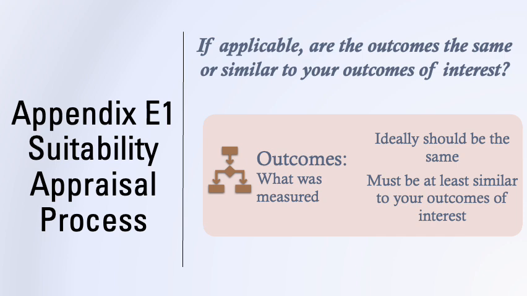If there were no outcomes discussed, and if you do not intend to measure outcomes for your evidence-based practice project, then you can simply check the box for not applicable. However, if there were no outcomes discussed and you intend to measure outcomes, then the answer is no. The outcomes are not the same or similar.